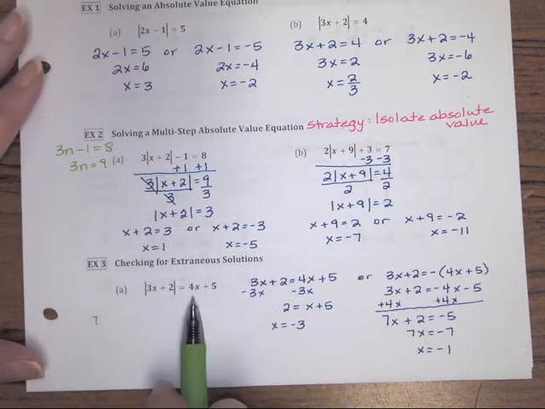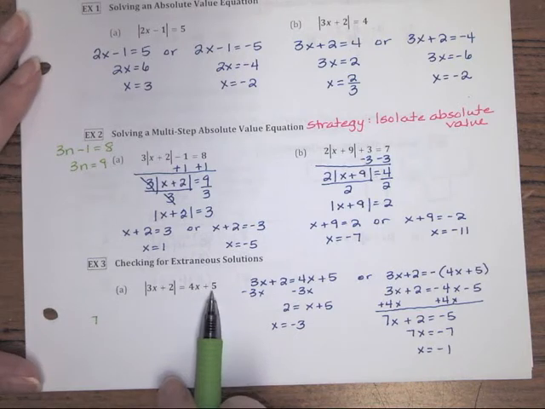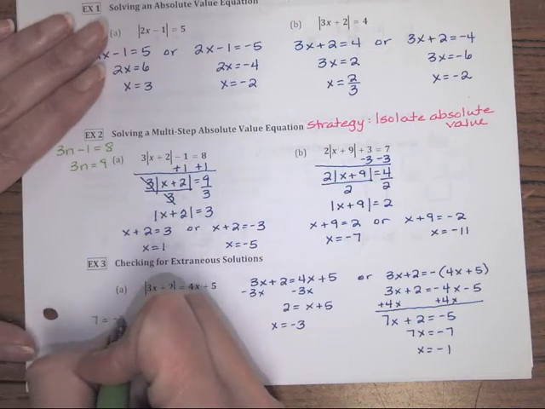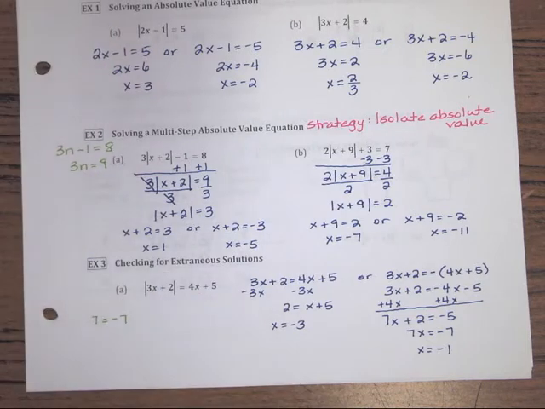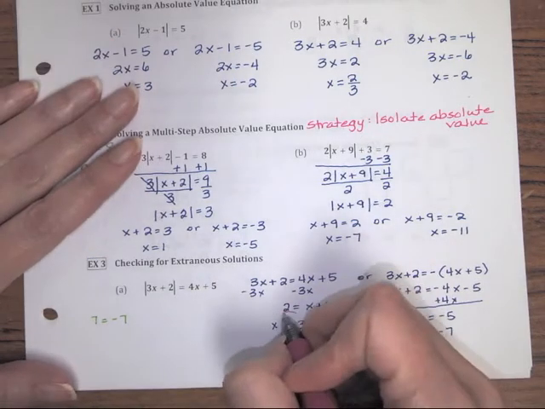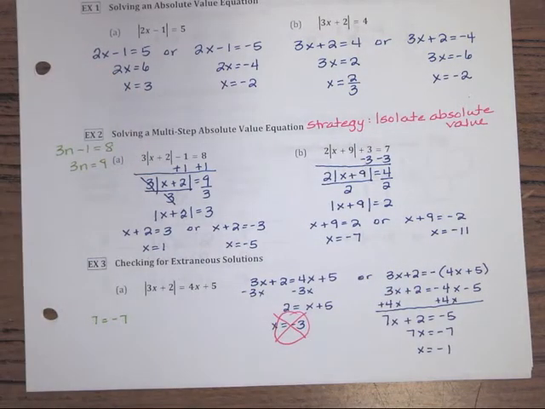Over here, let's do this. 4 times negative 3 is negative 12. Negative 12 plus 5 is negative 7. So here's what I ended up with when I plugged in that answer. That doesn't work. And that's why it's really important that you check. So I'm going to take this, I'm going to put a little circle around it and put an X through it, because that one doesn't work.